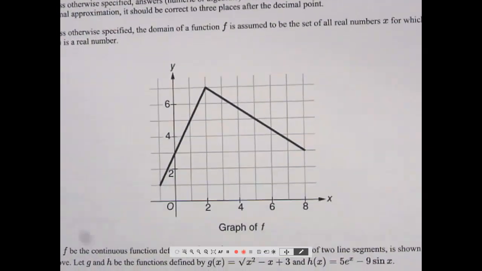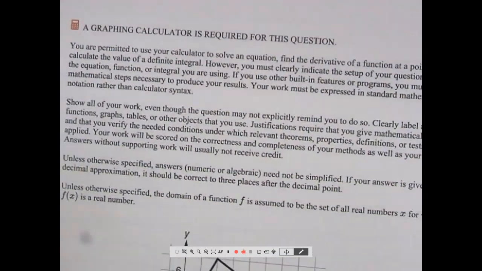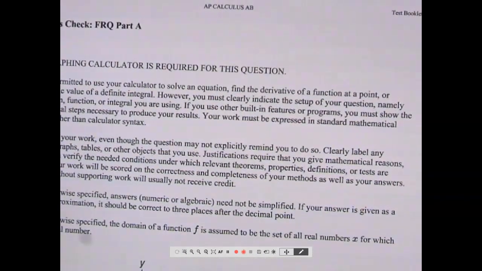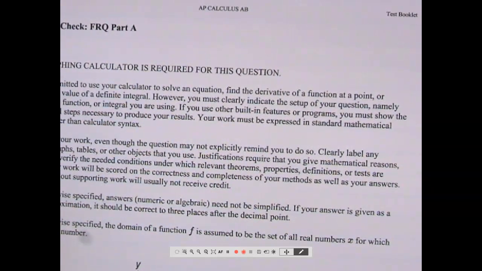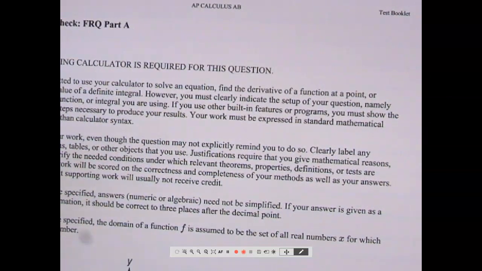All right, so here we go. We're going to read through this, which will appear on every exam. You are permitted to use your calculator to solve an equation, find the derivative of a function at a point, or calculate the value of a definite integral, which you don't know what that is yet.